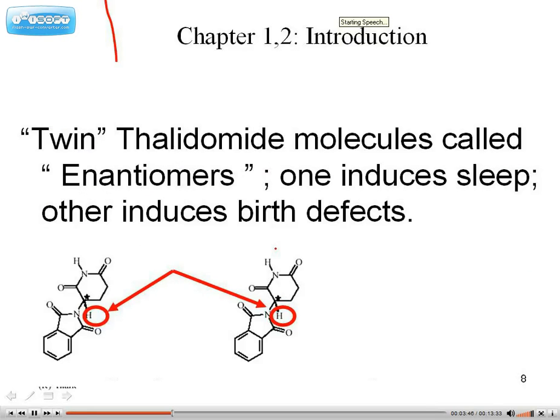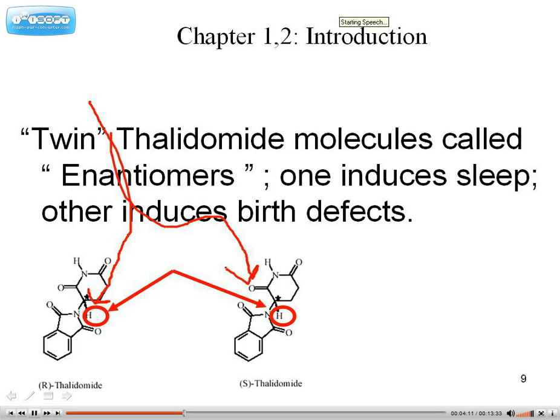So using organic and biochemistry, we learned that once we were able to figure out what the structure is, if you notice highlighted in the slide, we found that thalidomide was actually a twin. So think of your hands as being mirror image twins of each other. The fancy word is enantiomers.